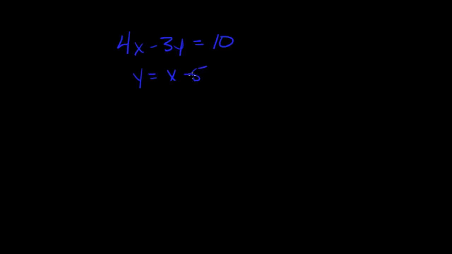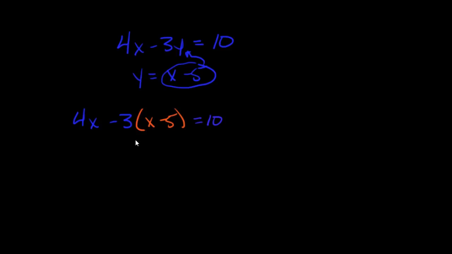So I'm going to take all of this and substitute it in for y, because that's what y is equal to. So this is what it would look like. 4x minus 3, and then in parentheses, here I'm going to substitute x minus 5 in for y. And then equals 10.